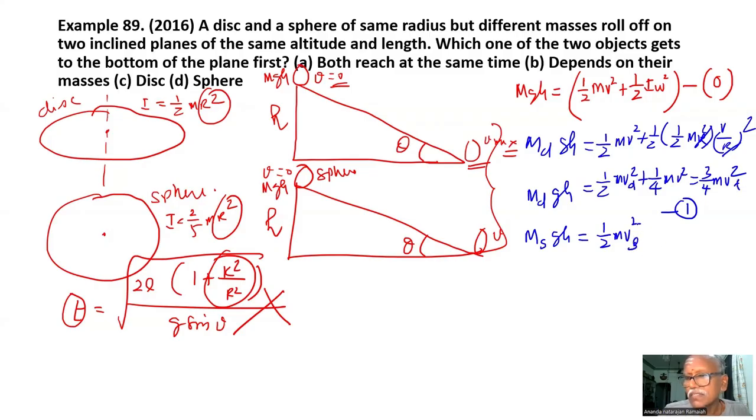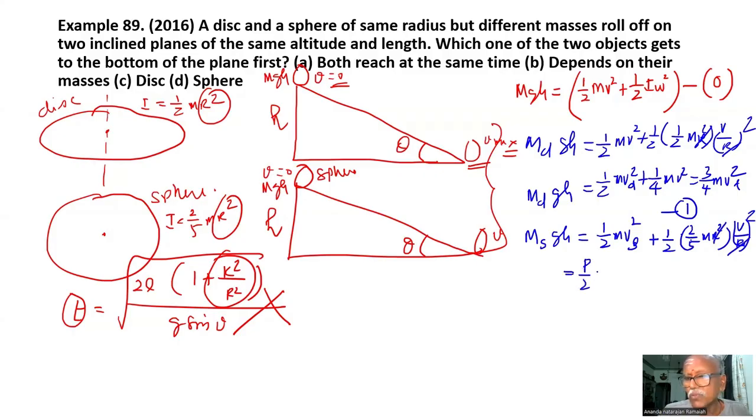Similarly for sphere, m sphere g h, the potential energy, equals half m v square plus 1 by 2 I, with I equal to 2 by 5 m r square multiplied by v by r whole square. R square gets cancelled.